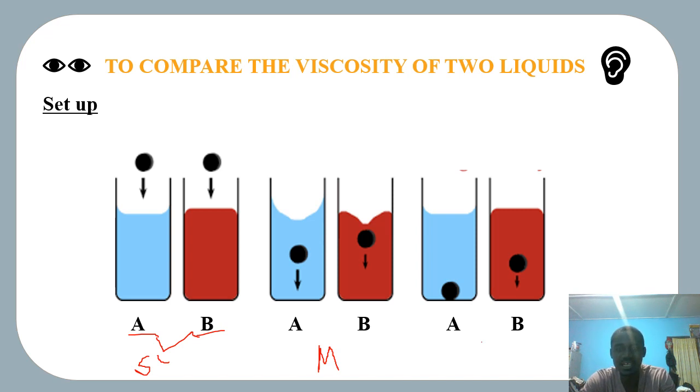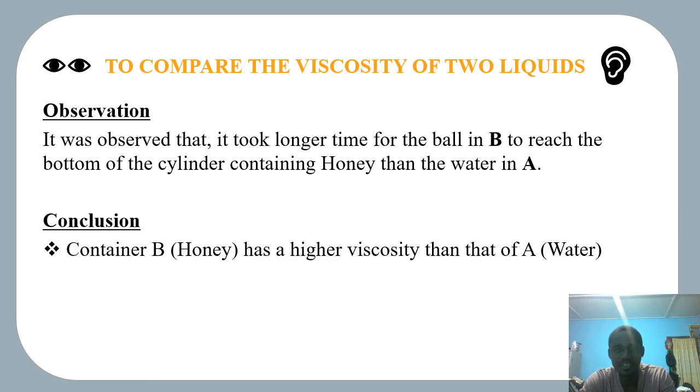Then at the latter part, you can see that A landed at the bottom before B. So the observation is that A has low viscosity, whilst B has a higher viscosity. So we can also conclude that container B will be the honey, because it has a higher viscosity than that of A.